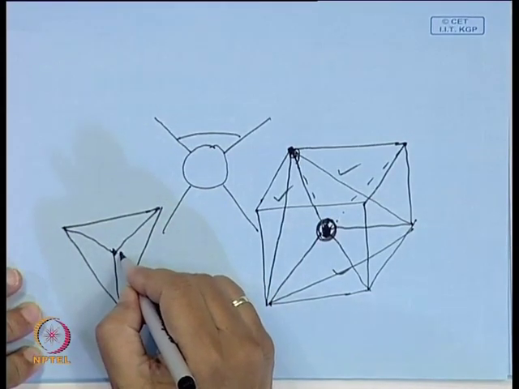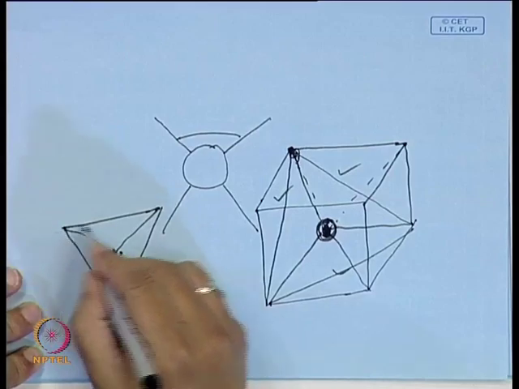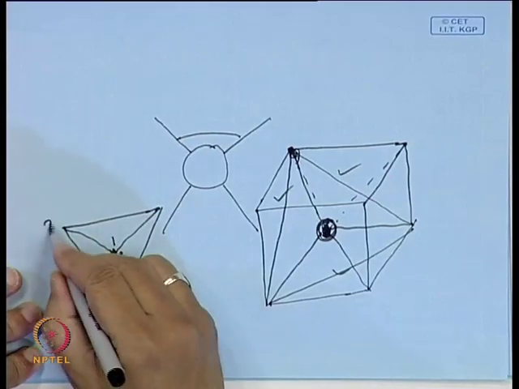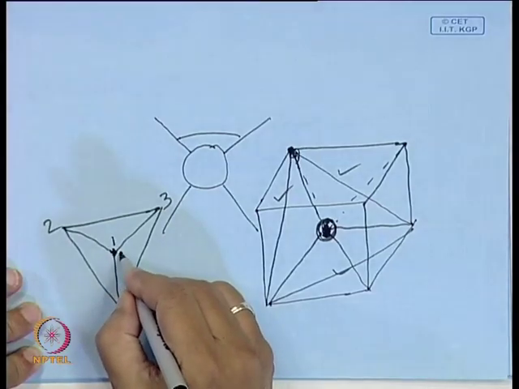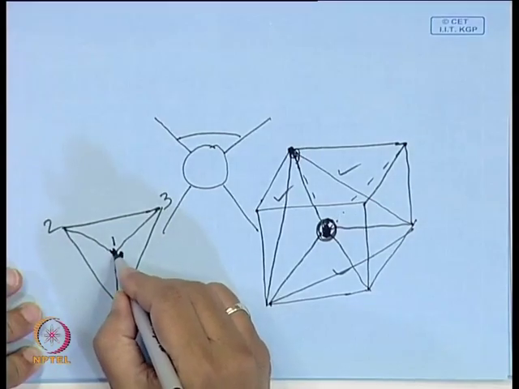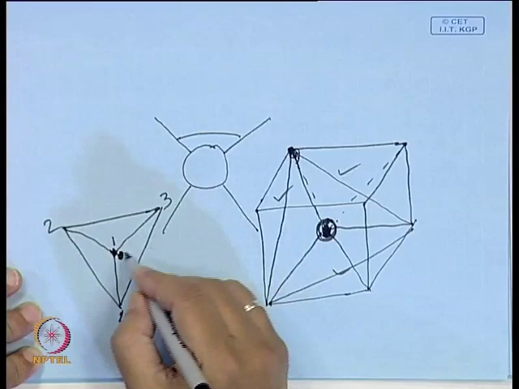With the carbon here, it has 1, 2, 3, 4 points, and this carbon is located here, and so you join these points.